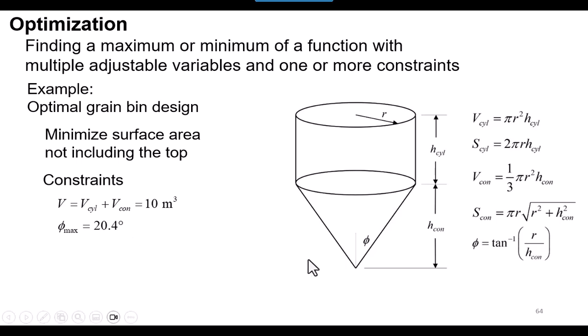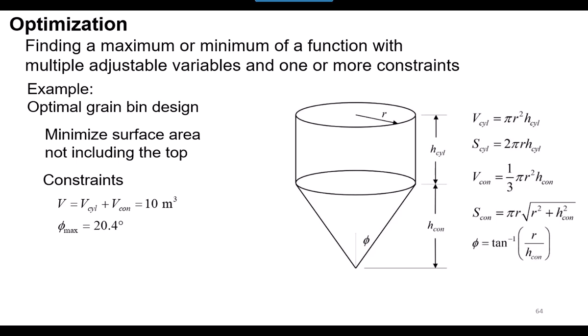And if we make the angle greater and essentially have the sides shallower, then the granular material will hang up on the sides of the conical part and will not flow freely. So we put that in as a constraint that the angle can't be greater than 20.4 degrees. And I think that might be the angle of repose for granular corn. All right? So let's come over and see how we can set this up using the solver.